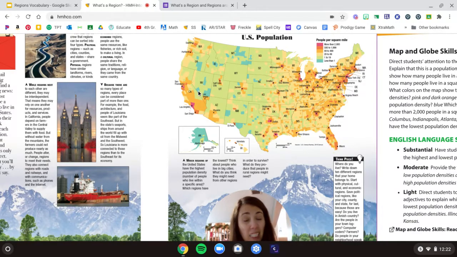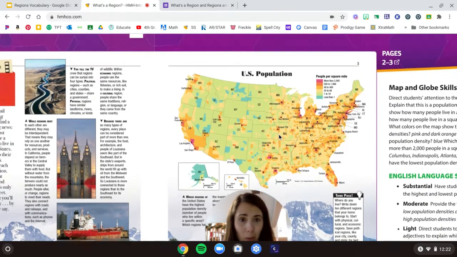In California, they have some, but they don't have as much because it's a lot drier, right? So they get a lot of produce and farm animals from the Midwest. But down south, they get warmer temperatures, so they have more fruits and veggies that they can grow year round. So they might get some of that from down here. So we're that interdependent. We rely on people from across the whole country to help us.